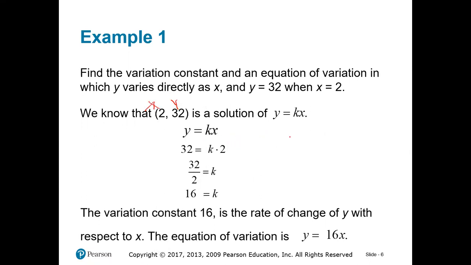Now we have 32 is equal to 2k. Let's solve for k by dividing by 2. So k is equal to half of 32, which is 16. Now my variation constant is 16, and it's the rate of change of y with respect to x. The equation is written as y equals 16x.